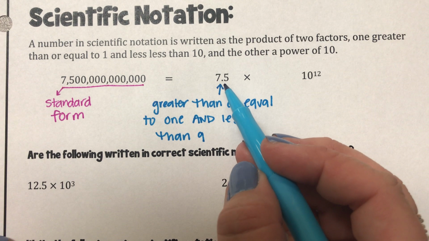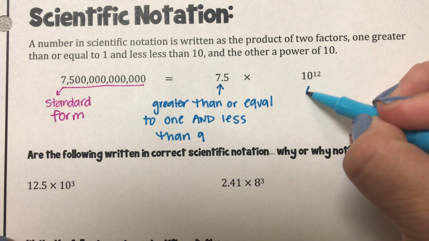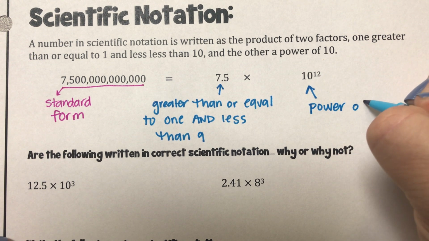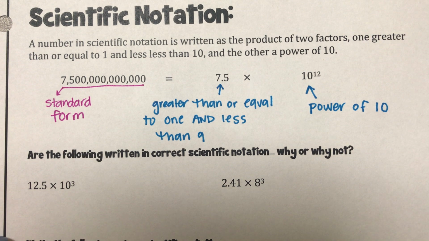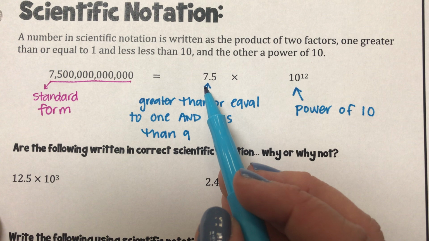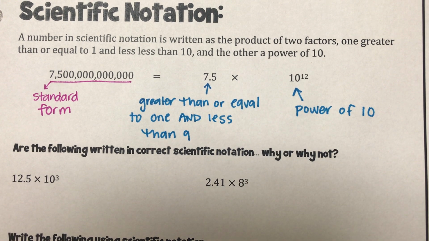Yes. Is it less than 10? Also yes. Okay, so that's the first factor, and then the second factor, this is a power of 10. So every single time for scientific notation, it's going to be a number that's greater than or equal to 1 but less than 10 times a power of 10.